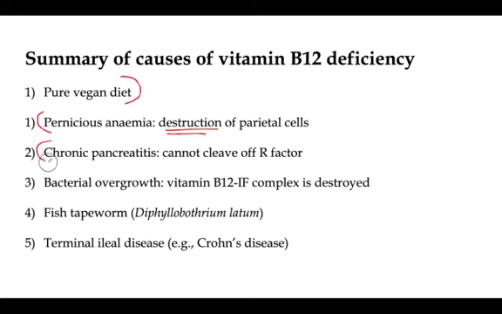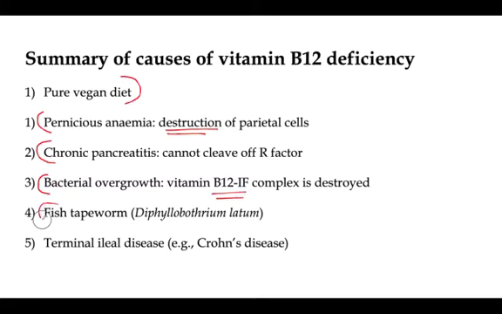Similarly, people who are suffering from chronic pancreatitis will also suffer from vitamin B12 deficiency because pancreatic enzymes are not there, or their secretion is impaired, such that the R factor is not cleaved off, and therefore absorption of vitamin B12 doesn't happen. Then bacterial overgrowth, where the B12-IF complex is destroyed.